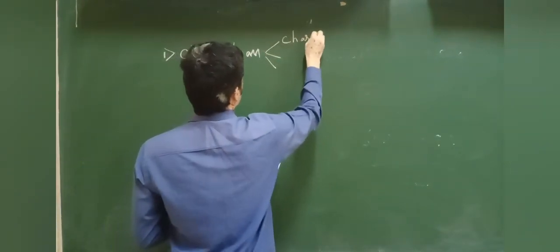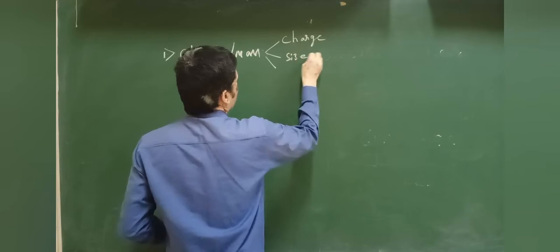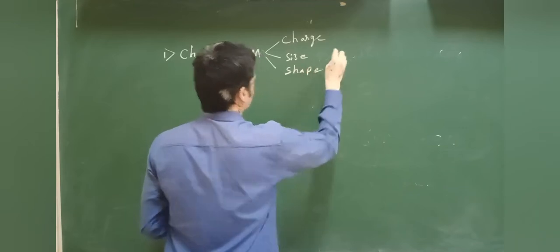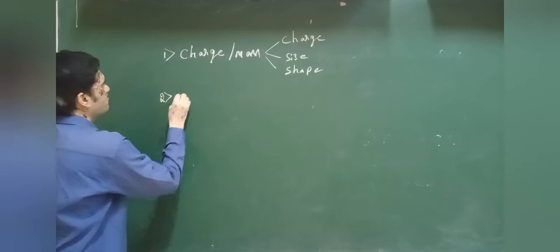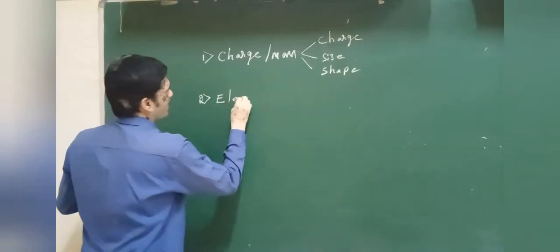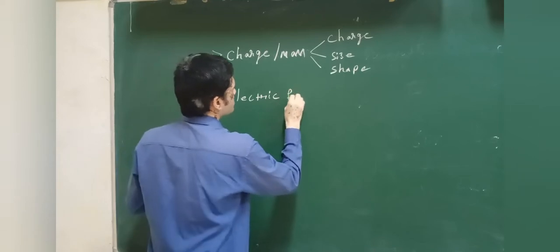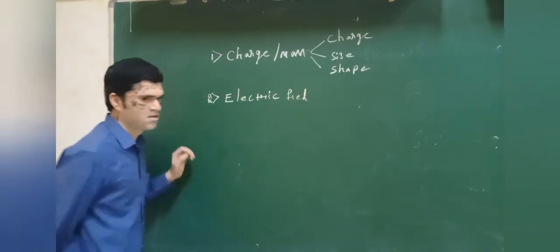In this we are going to study three things: charge, how charge will affect electrophoresis, the size of the molecule, and the shape of the molecule. Second one is the electric field, how the electric field will affect the migration.